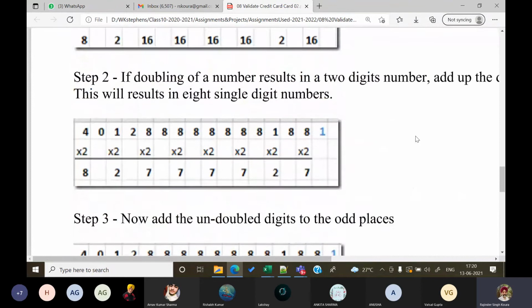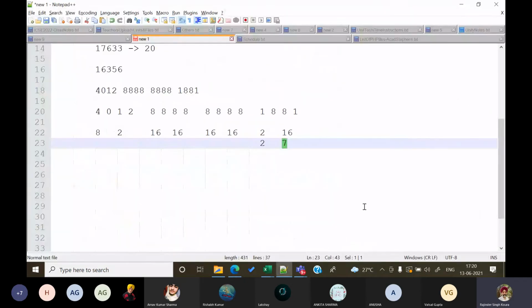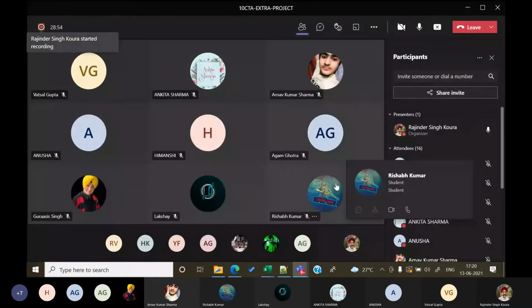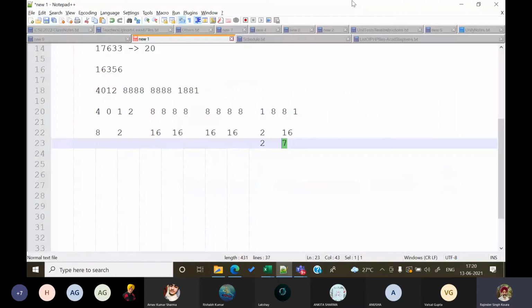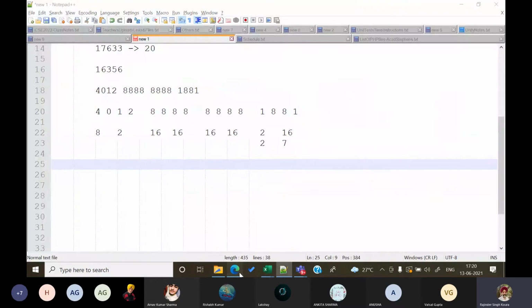Now, how many of you have not understood all or a part of it? You have all understood? Fine. So what we'll do is we'll take a credit card number.